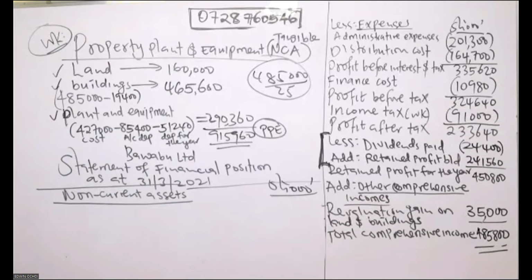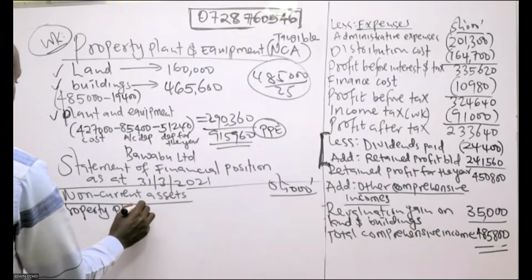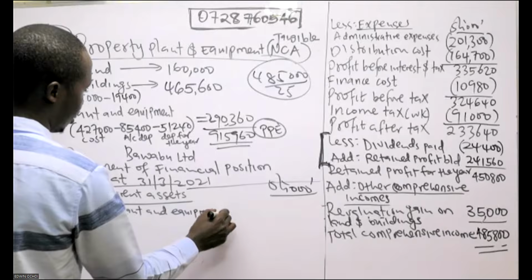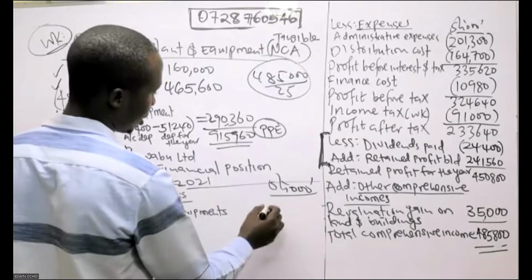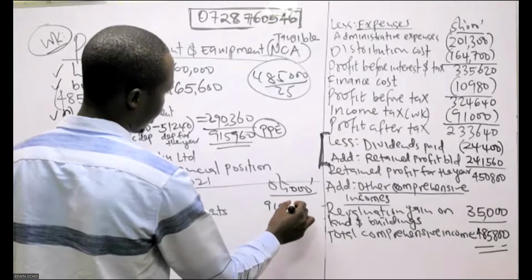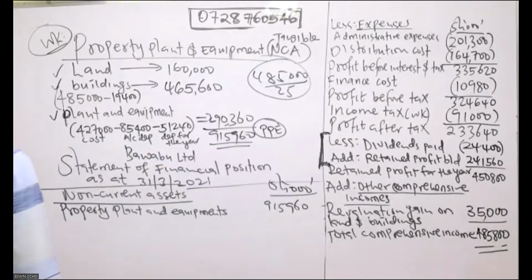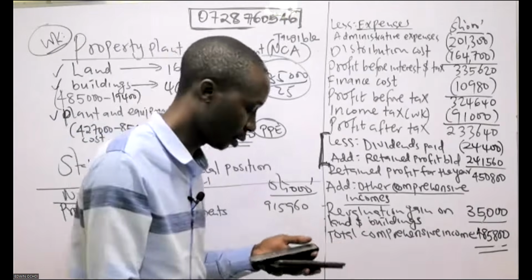For the non-current assets, we talk about property, plant, and equipment. For the property, plant, and equipment, 950,960. Is there another intangible assets, maybe like software, patents, trademarks that we don't have?